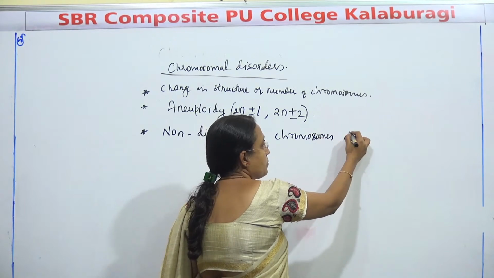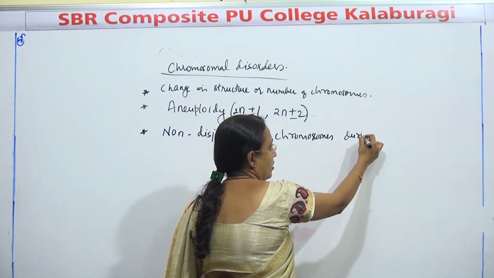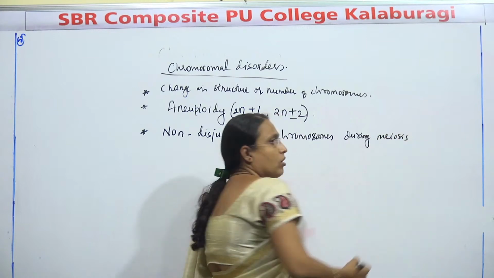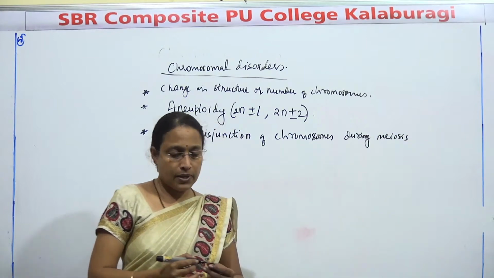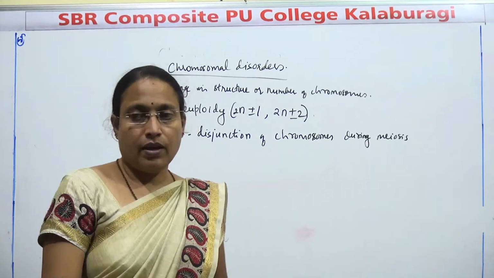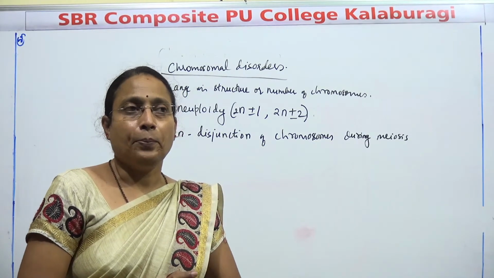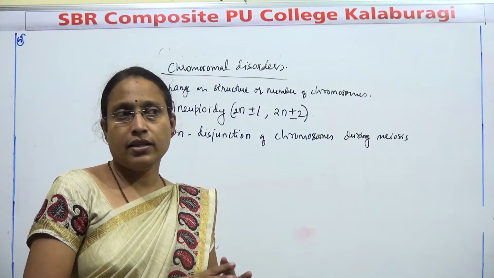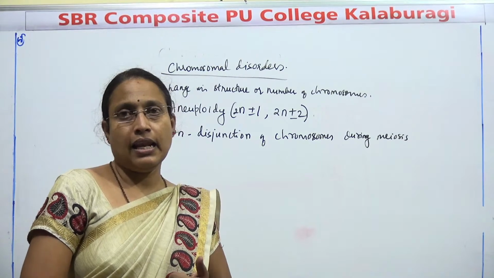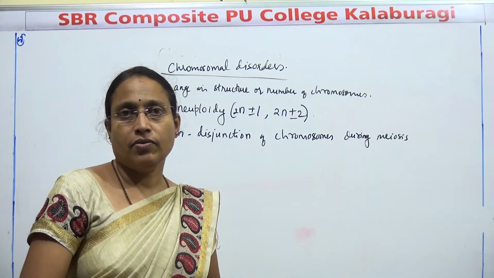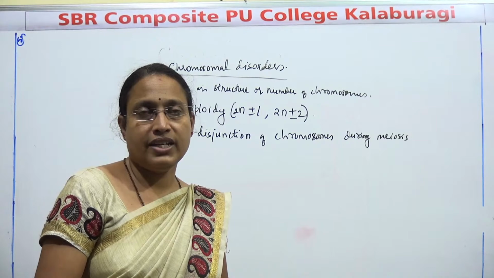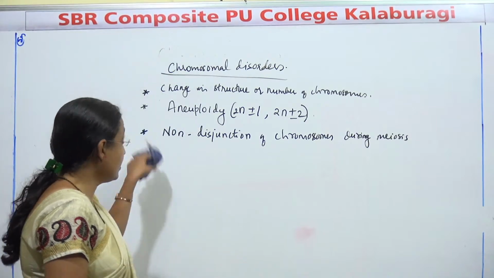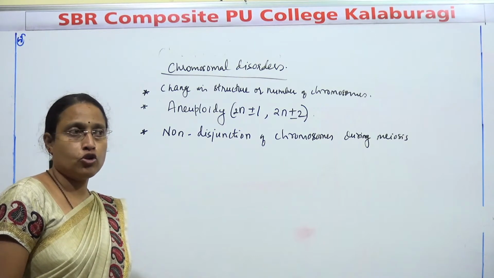Especially it can be during meiosis or in the zygote. The cells of the zygote are still indeterminate, so any defect in the division of the cell could add to developmental defects. So this is the introduction about chromosomal disorders.